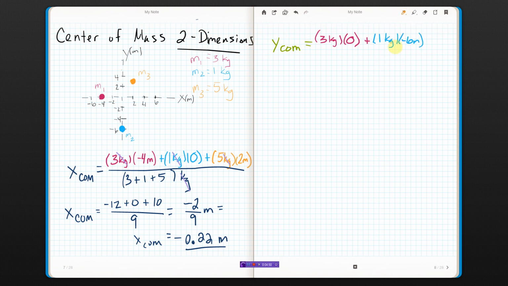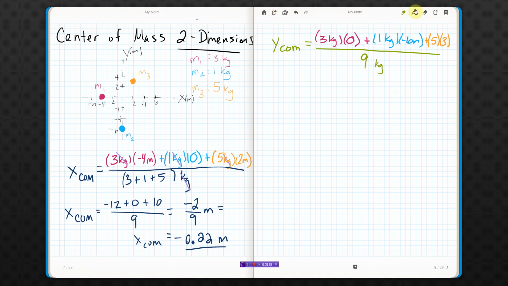Plus the mass of m3, and I'm going to leave the unit off to save room, times the y coordinate of m3, so that's positive 3 because I'm above the axis, divided by the total mass. Now I already did the total mass. The total mass is 9, so I'm just going to steal that.